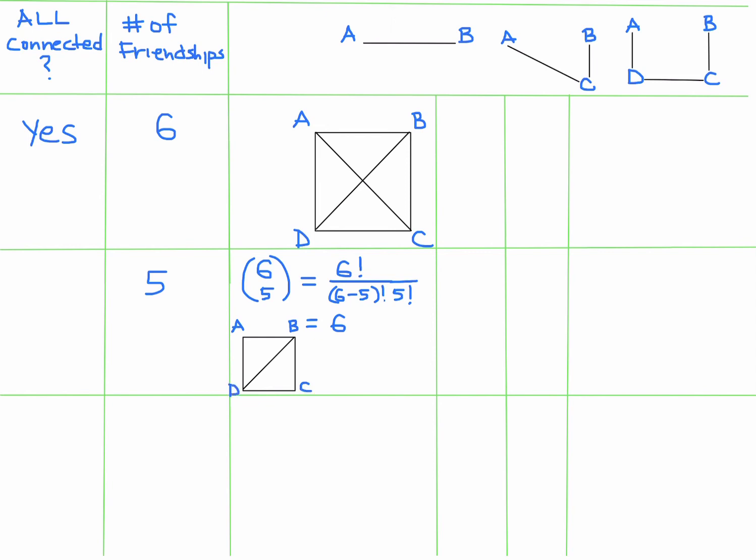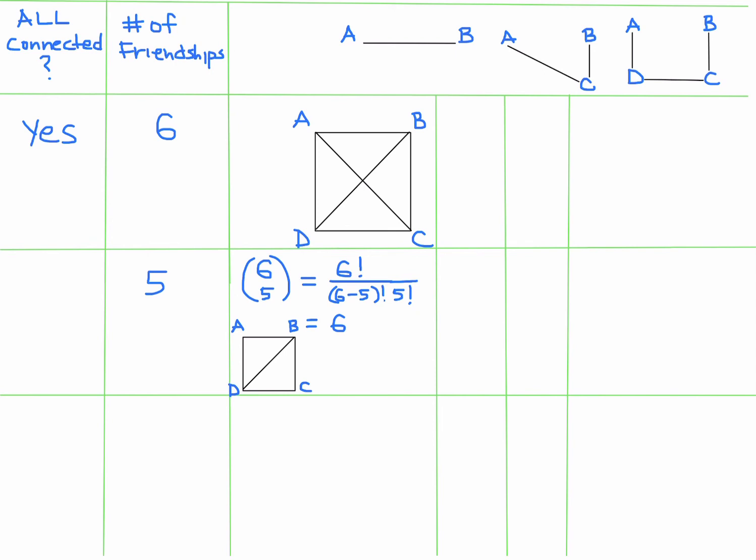If they're connected, they will be joined in some way. You'll be able to get from one friend to the other friend somehow. Like for example, in the first one, because A and B are joined directly, you can get from A to B on that line. But in the second one, A and B are not joined, but you can get from A to B through C. In the third one, A and B are not joined, but you can get from A to B through D and then through C. So they are connected if you can get from any one to another one through some path.